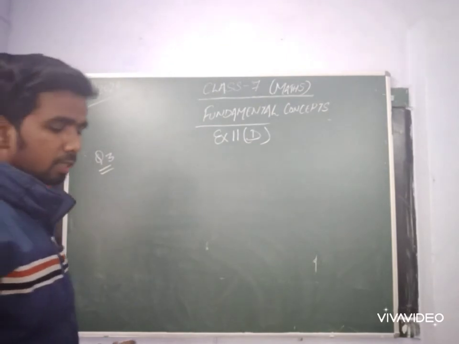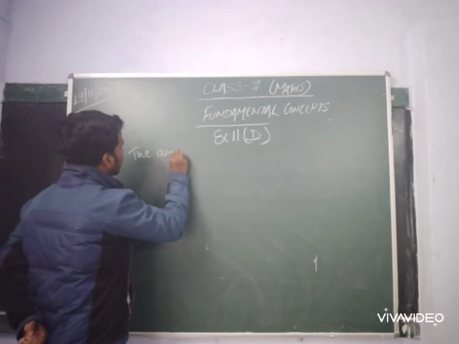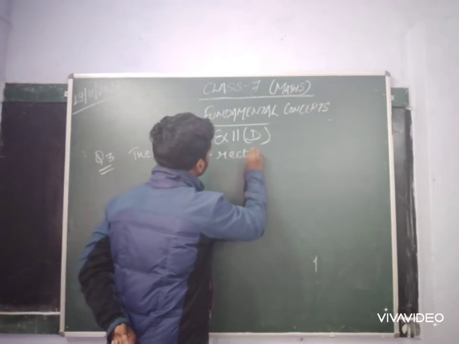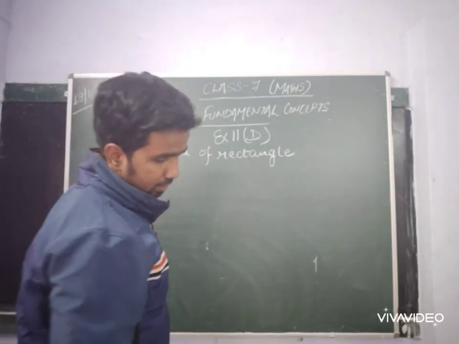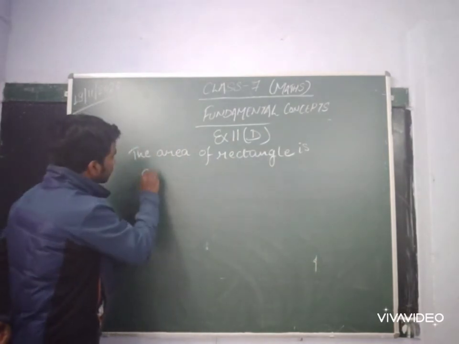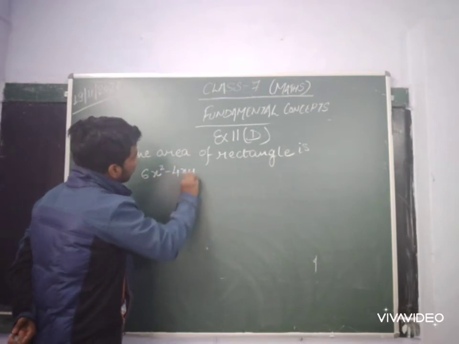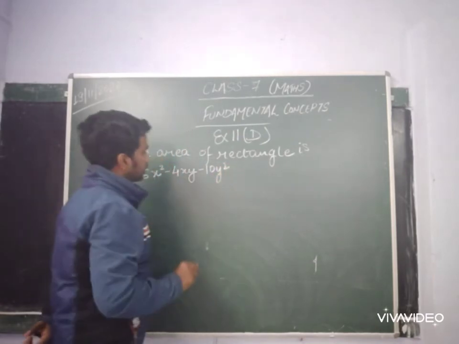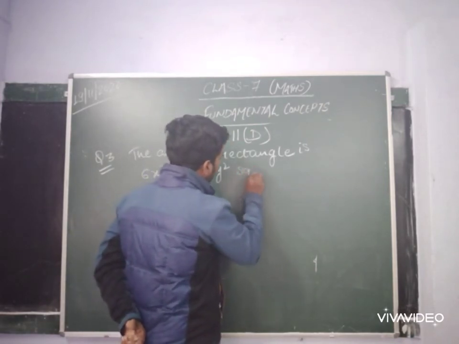Question number 3 is saying that the area of a rectangle that has been given to us is 6x square minus 4xy minus 10y square. So this is your area and it is in square unit.